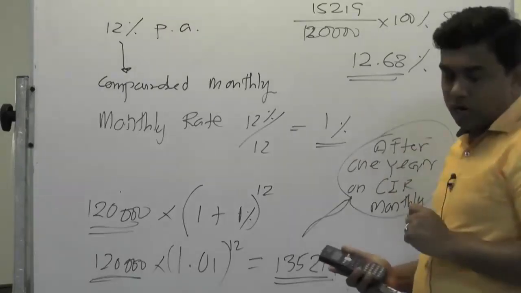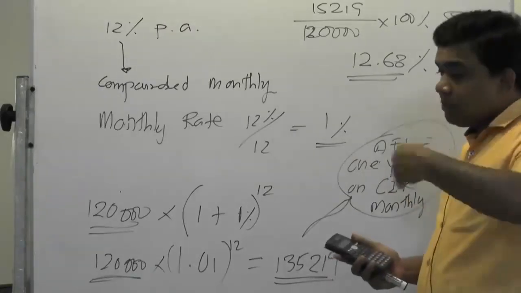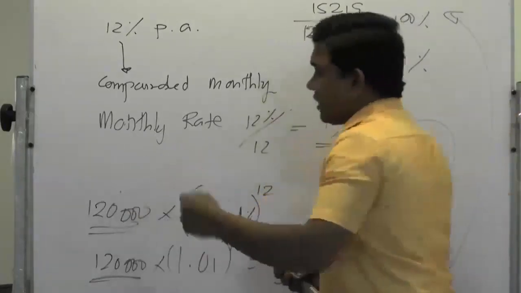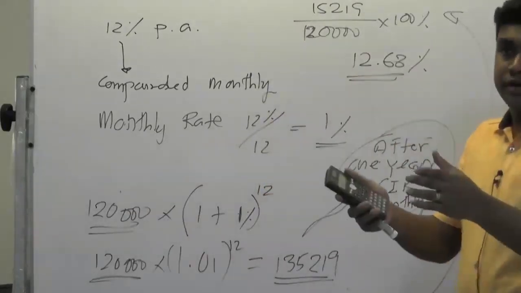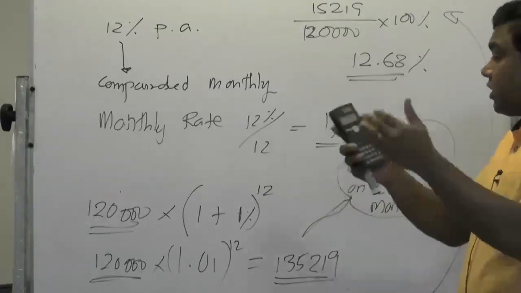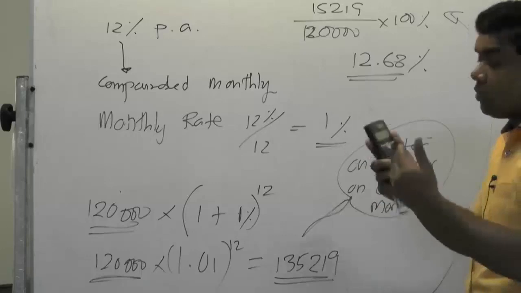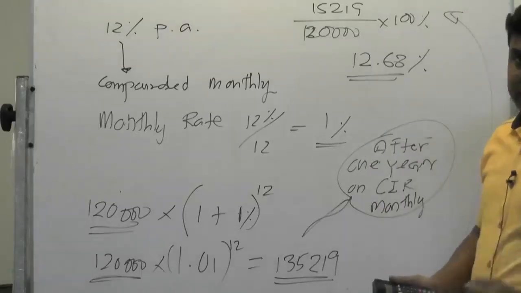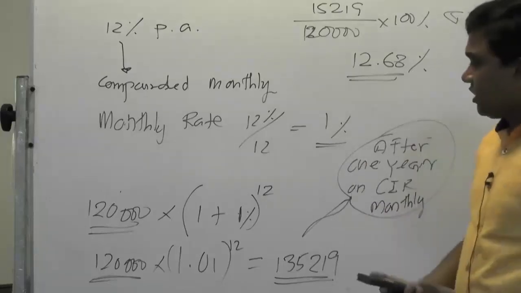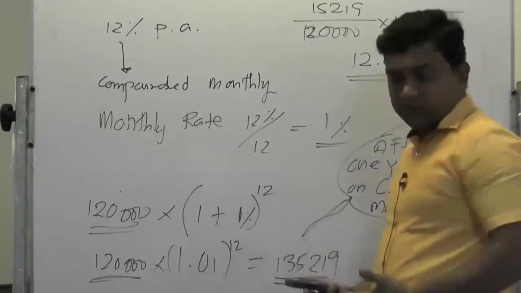Answer is 1,200. Therefore, at the beginning of second month, your investment will be 120,000 plus 1,200. Then second month, interest will be calculated on 120,000 plus 1,200 first month interest. Therefore, second month interest will be calculated for both capital you invest plus first month interest.